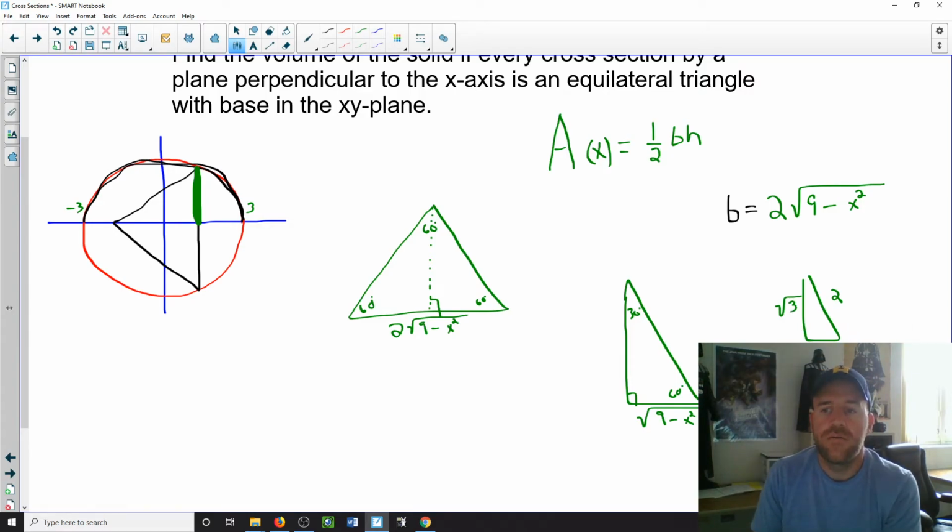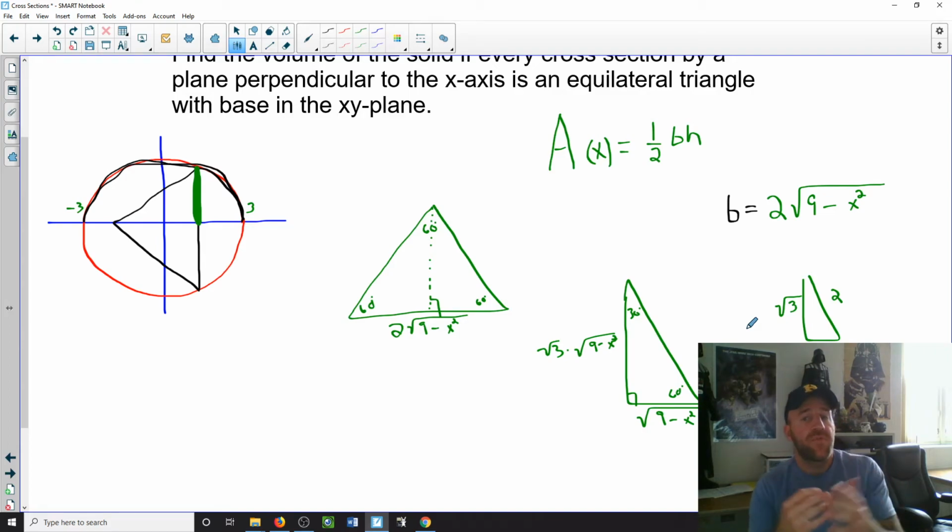I want to know the medium side, the side across from the 60. That is root 3 times our short side. So that length right here is our function times root 3. I know I'm throwing a lot at you in this problem.